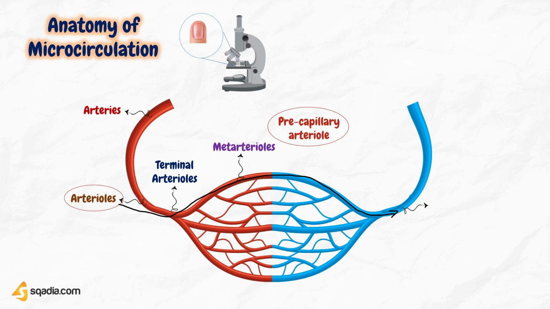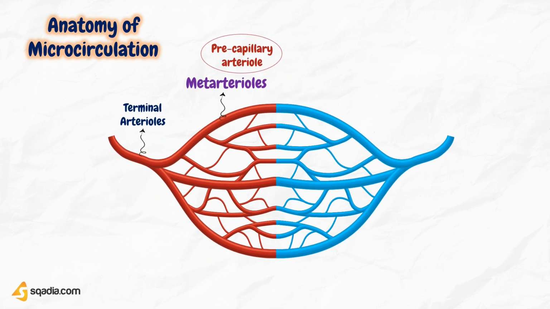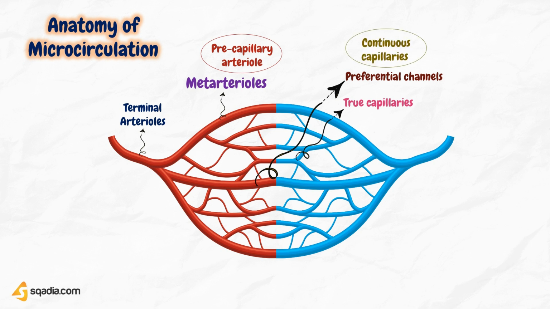From meta-arterioles, two types of capillaries arise: preferential channels and true capillaries. Preferential channels are also called continuous capillaries. After arising from meta-arterioles, these capillaries form a network and finally join the venules.